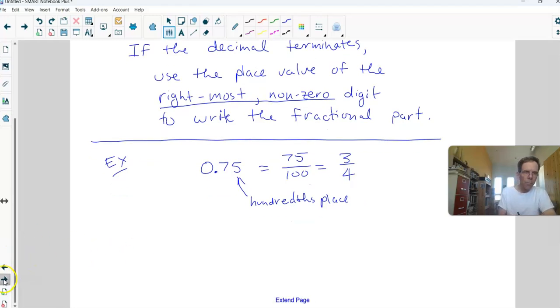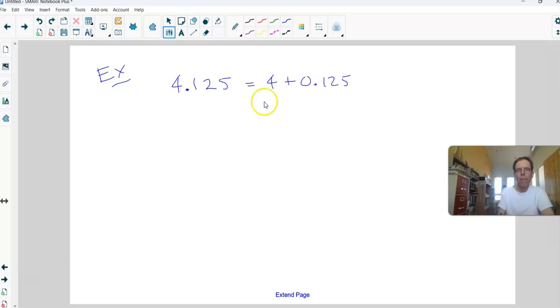Do I have another one? Yeah. If there's a whole number part, we can break it apart and then ask what's the fractional part here, the 0.125. It terminates, so it's easy to figure out what this fraction is. This last decimal place, what is that? We've got tenths, hundredths.